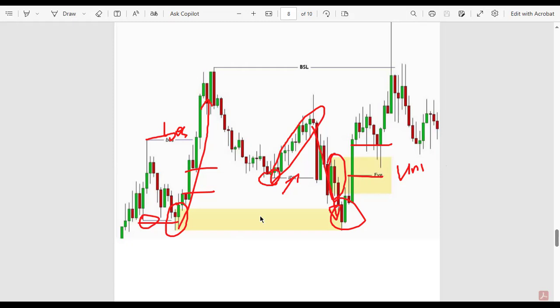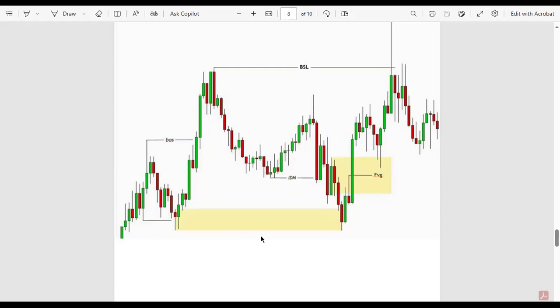Let's check another example, which is going to be our last example on how we can use bullish order blocks and how we can execute good trades.